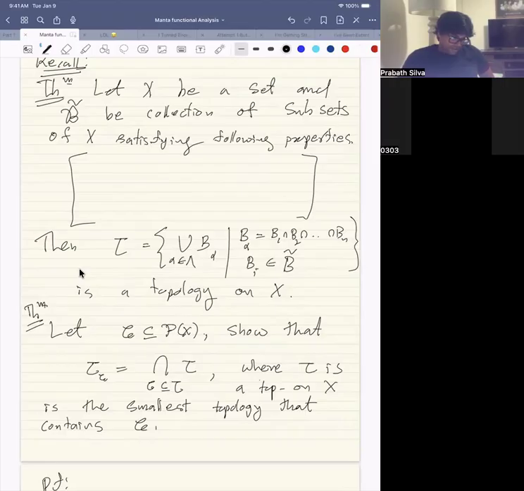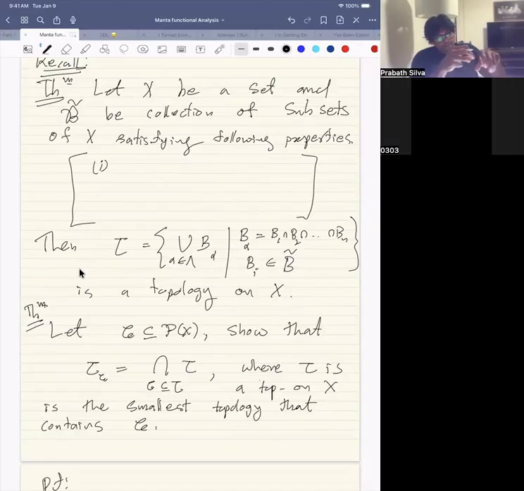I think you can get the empty set by picking the collection to be empty, and for the whole set to work, we need whatever the collections of elements in B delta to actually cover all the points.